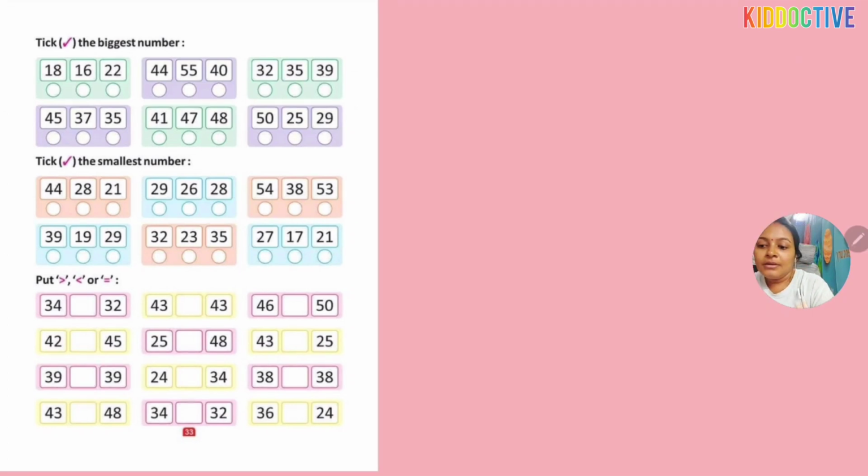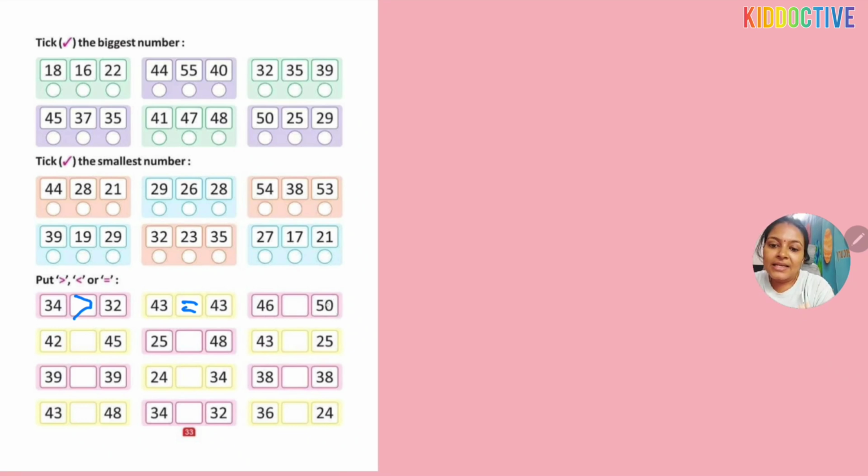Okay? 34 and 32. 34 is big or 32 is big? 34 is big. So we are going to put the greater than symbol here. Okay. 43 and 43. The numbers are equal? Yes, the numbers are equal. 46 and 50.